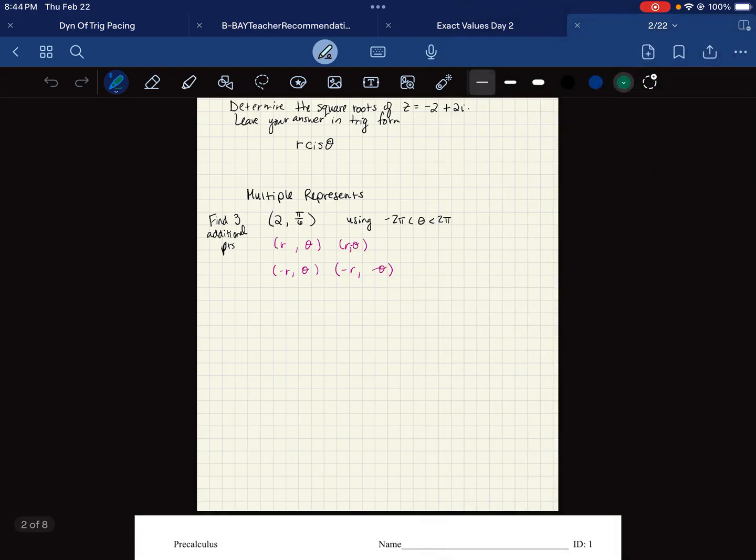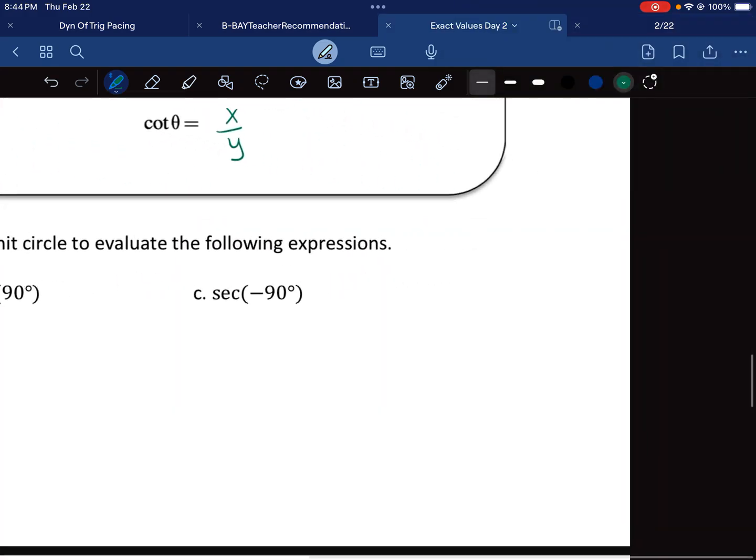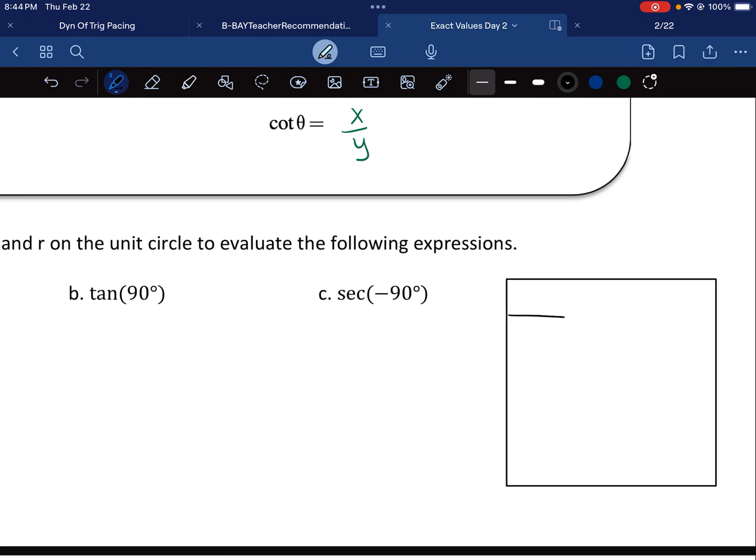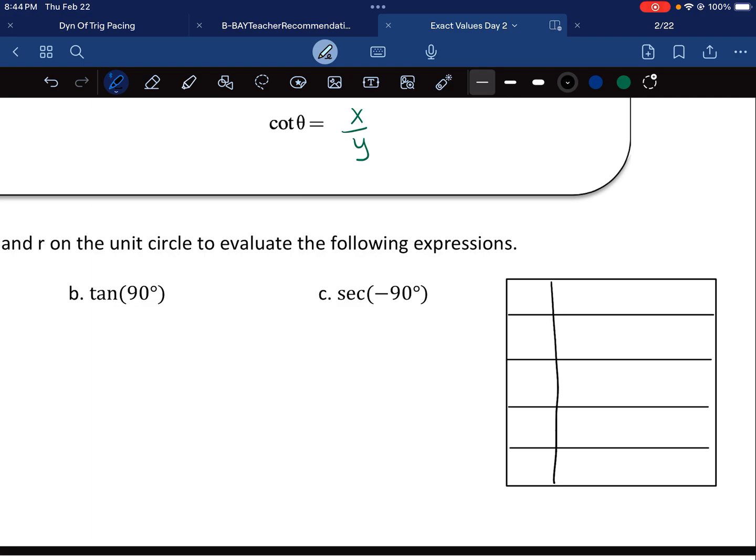What we did in the do now, we had an exact value chart, and we only had 30 degrees, 45 degrees, and 60. We're going to add a little bit. Here now we're going to add 0, so 0 degrees. Then we're going to add 30 degrees, so that's what you already know.